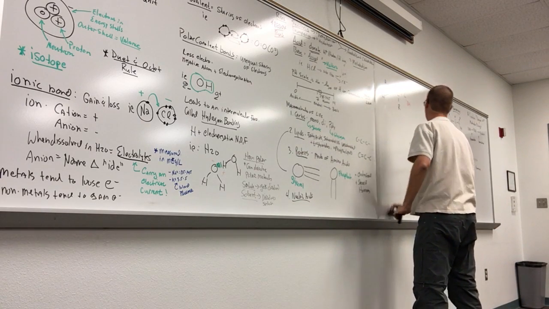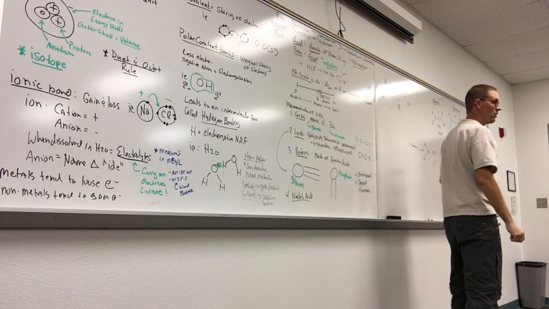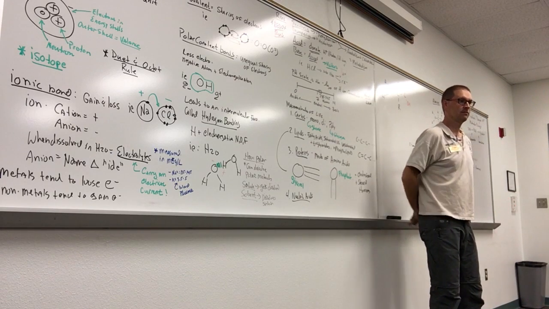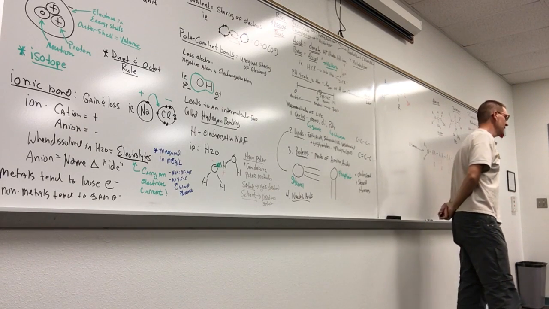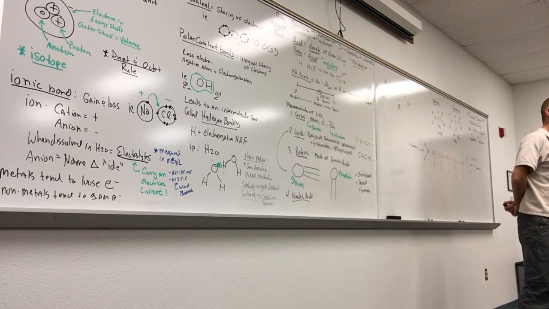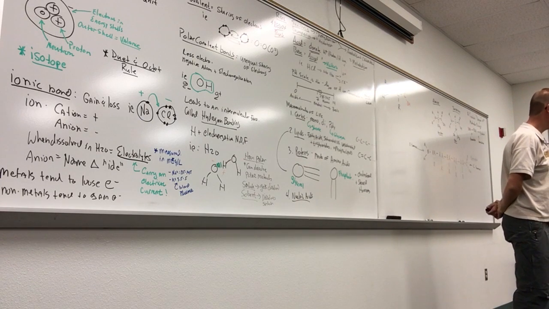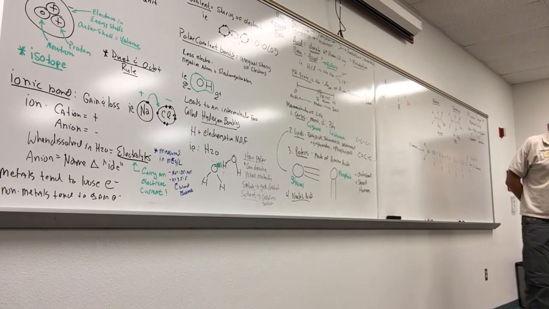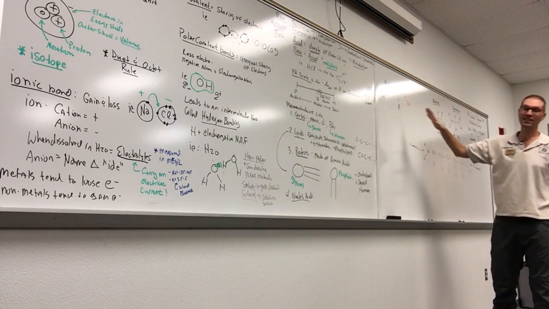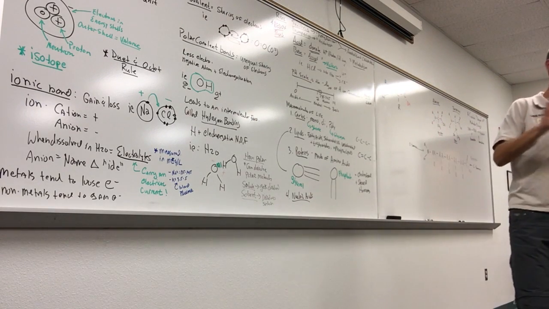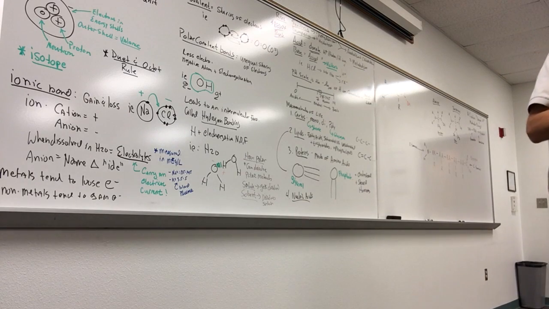Proteins, okay, are made up of what are called amino acids. Okay? An amino acid is the fundamental molecular building block of a protein. Okay? Amino acids are combined together to produce what are called polypeptides. Okay?